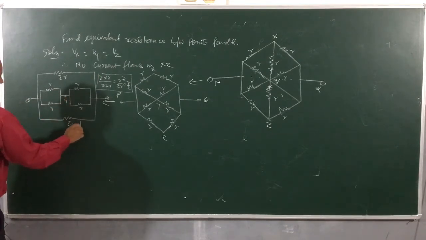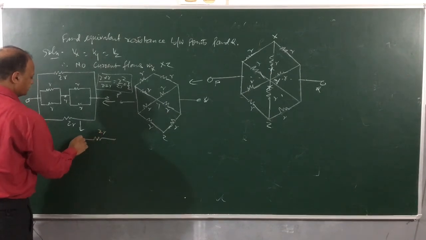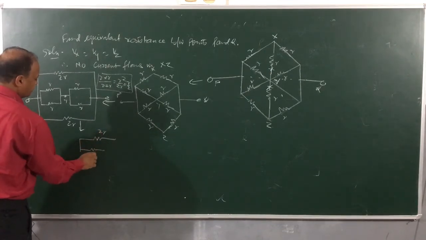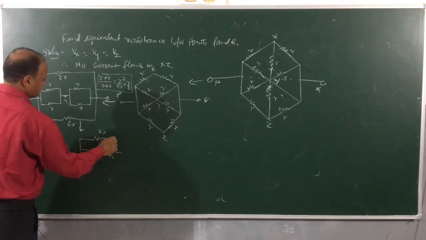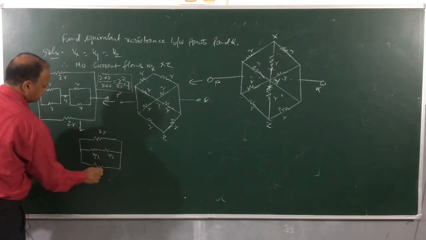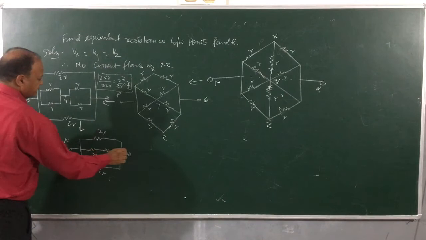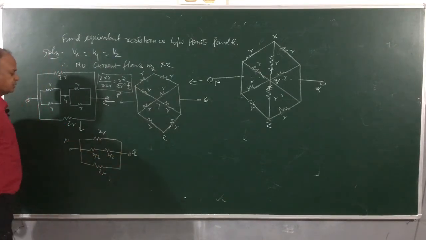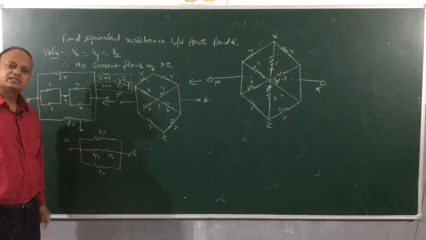So, let us redraw the circuit diagram. This is 2R, this is R by 2, this is R by 2, okay. And how much is this? This is 2R. This is point P and this is point Q. So, children, now this R by 2 and R by 2, how are they connected? They are connected in series.